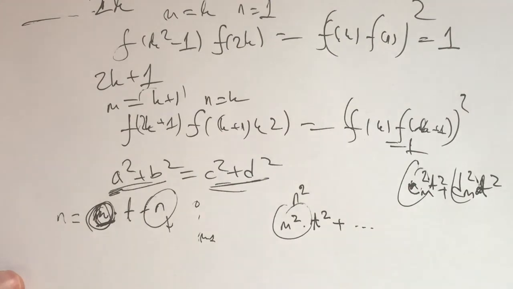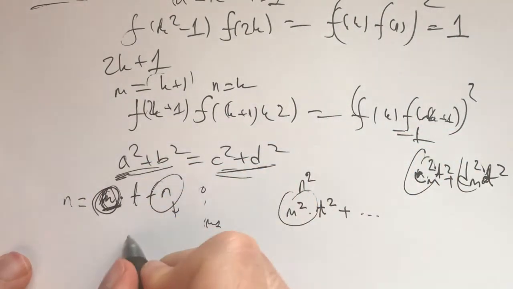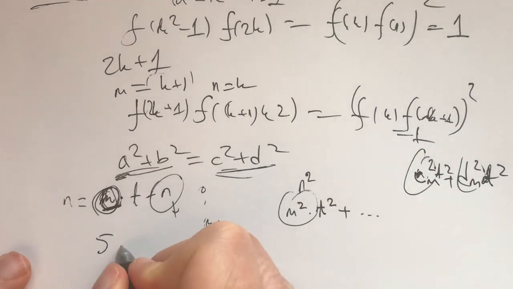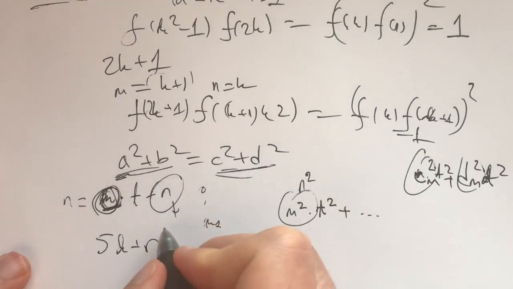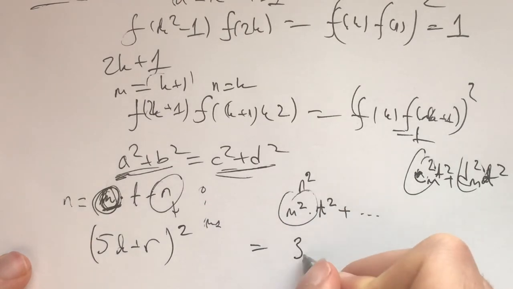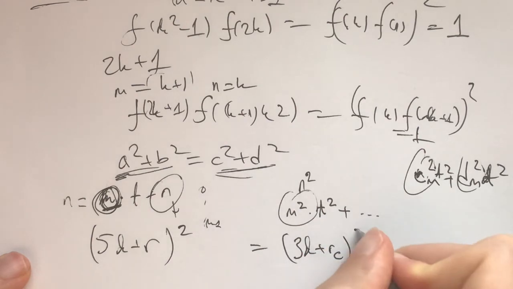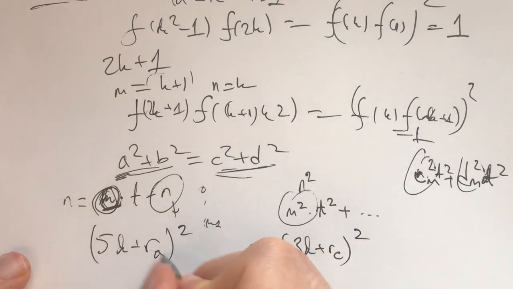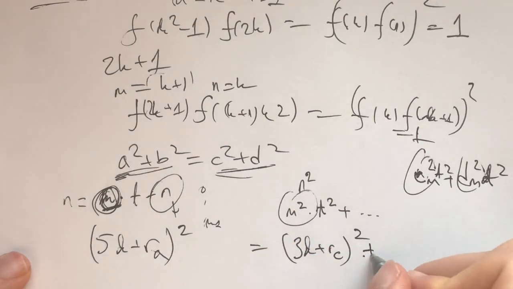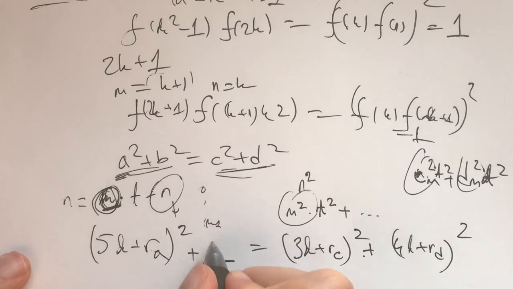That's the motivation roughly. And the idea is, let's look at n as 5k plus r. Then I'll have this squared on one side, and I'll have (3k plus rc) squared, this is say ra, plus (4k plus rd) squared, and I'll have something extra for b squared.